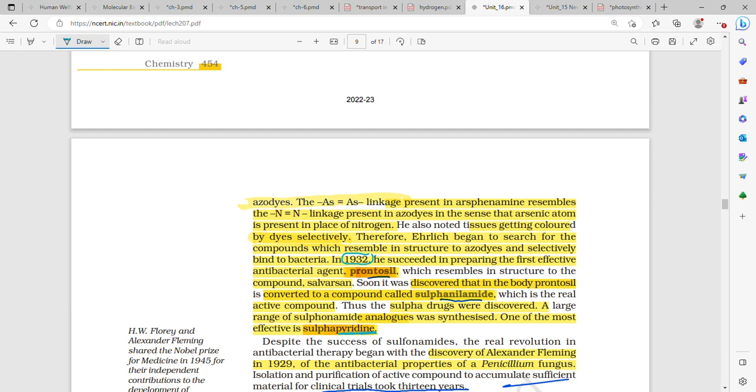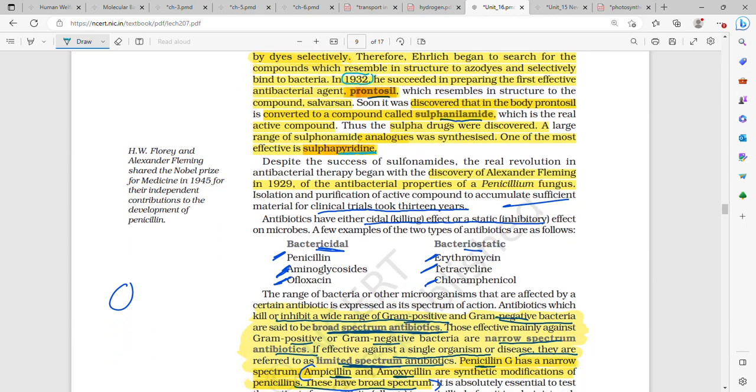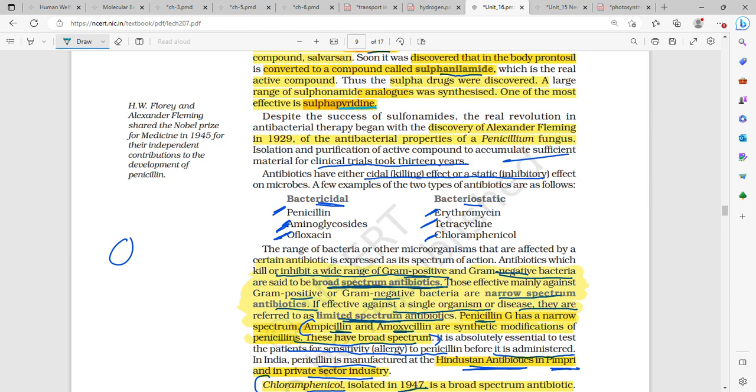Prontosil, it was later discovered, inside our body became sulfonamide, and sulfonamide was the real active compound, and this is how sulfa drugs were discovered. One of the most effective sulfa drugs is sulfapyridine. The real revolution in antibacterial therapy began with the discovery of penicillin by Alexander Fleming in 1929.